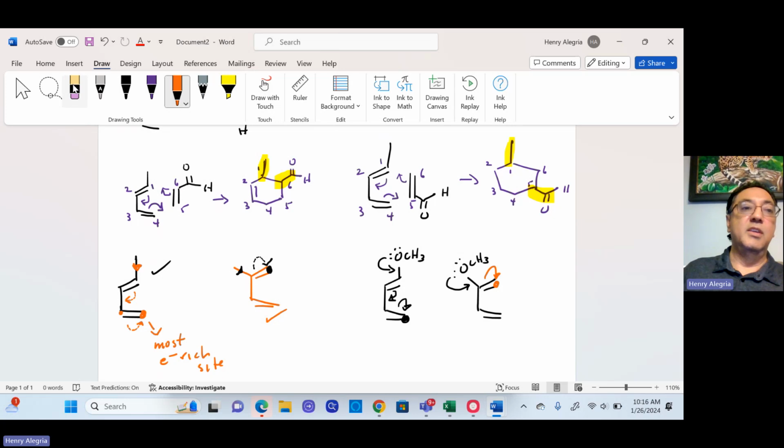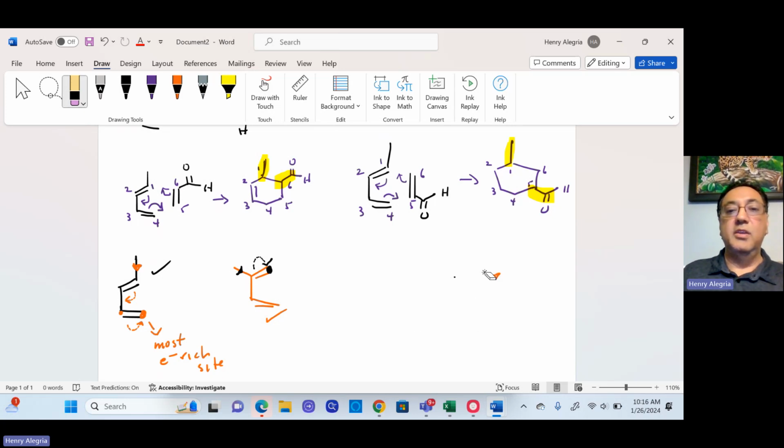So in other words, I'll erase everything here just to keep the one we're dealing with. We've determined for the diene, in this specific case, what's the most electron-rich site. Then I look at my dienophile. If what I have is an aldehyde, partial minus, partial positive, as that carbon pulls this way, then the pull is going to go that way.